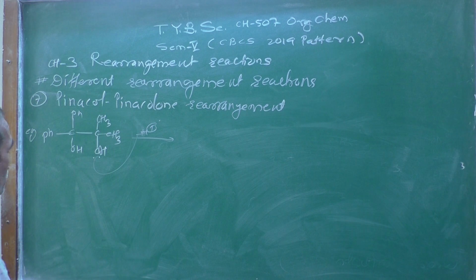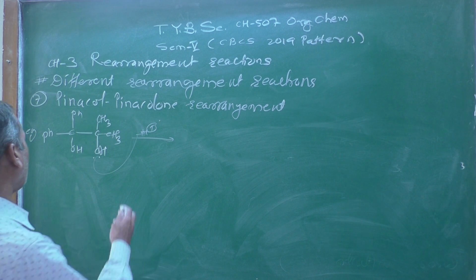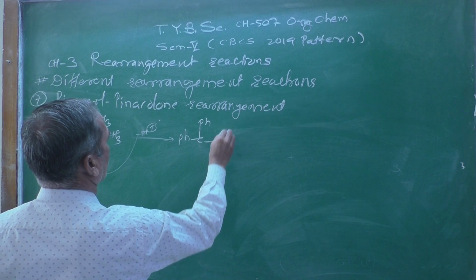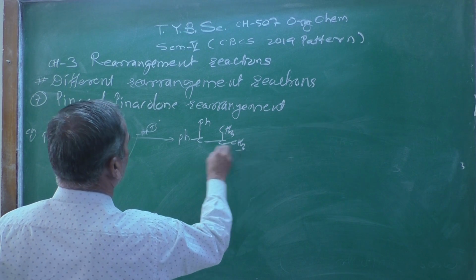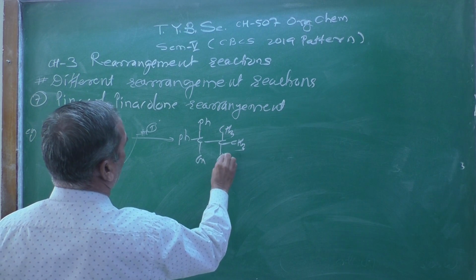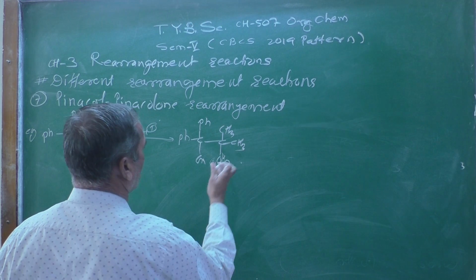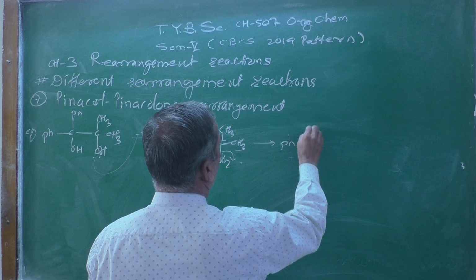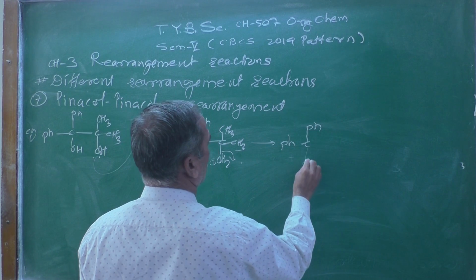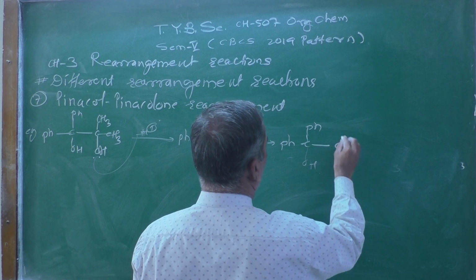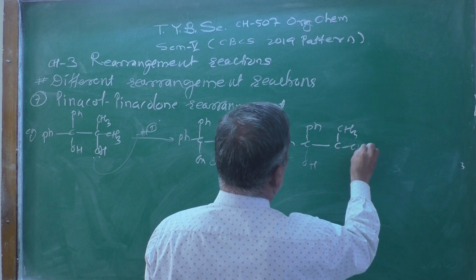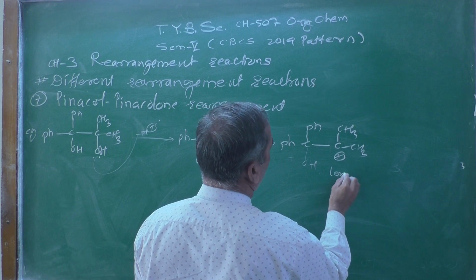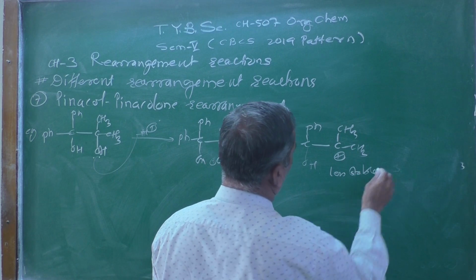The carbocation formed is a major one, and then you will get here Ph, Ph, CH3, OH, and here OH2 positive charge. After departure of that you will get Ph, Ph, OH, and next one will be CH3 with positive charge. It is still a less stable carbocation.